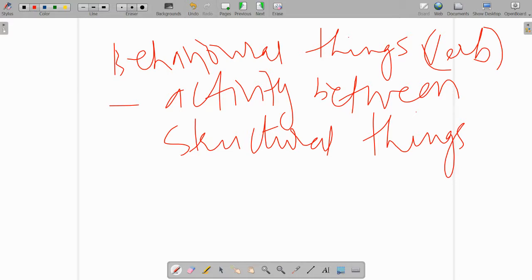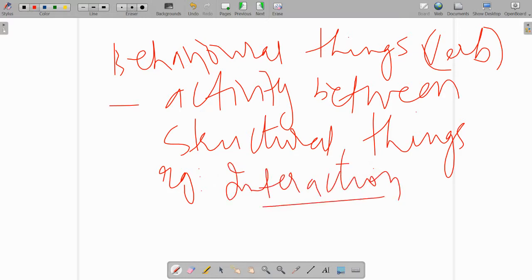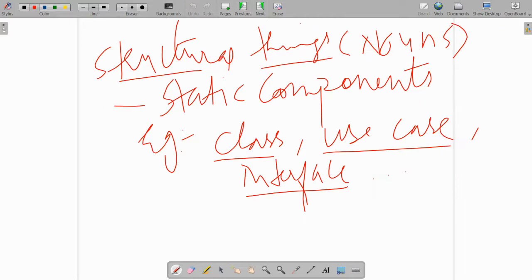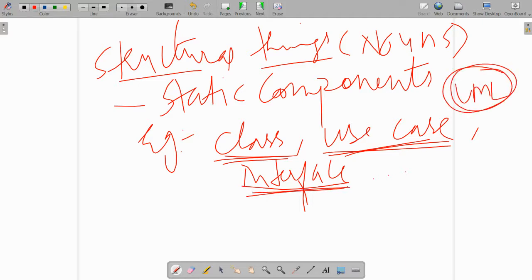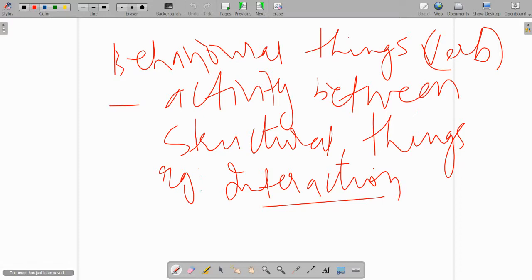If I have to give an example, that is interaction. Class, use case and interface are words mostly used for UML. So interaction is the behavioral thing.